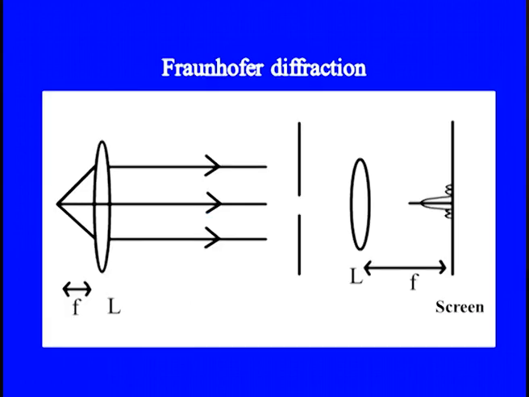The two lenses effectively move the source and the screen to infinity because the first lens makes the light beam parallel and the second lens effectively makes the screen receive a parallel beam of light.